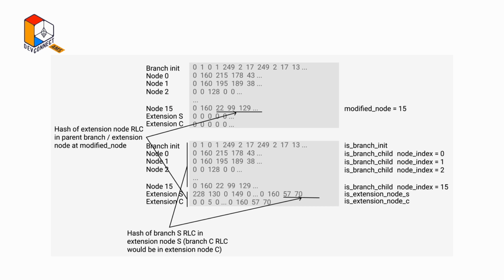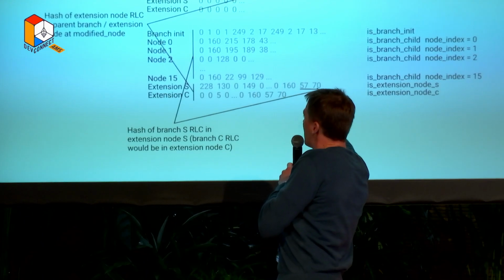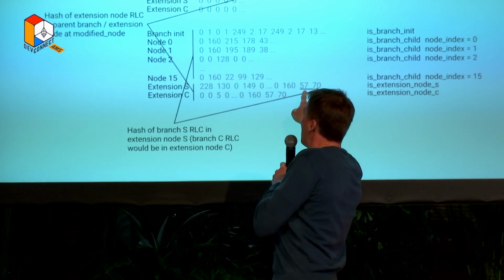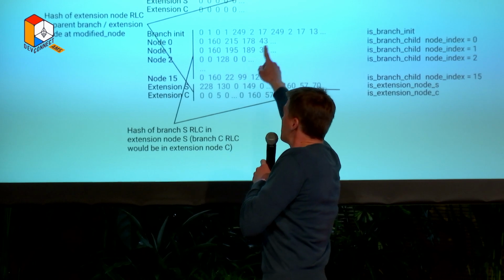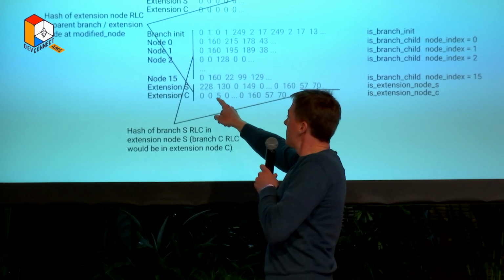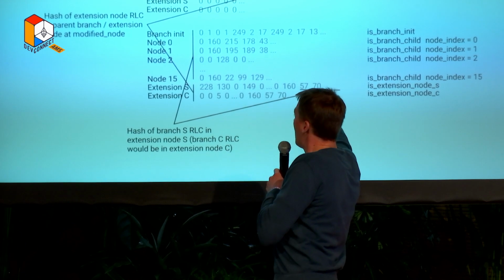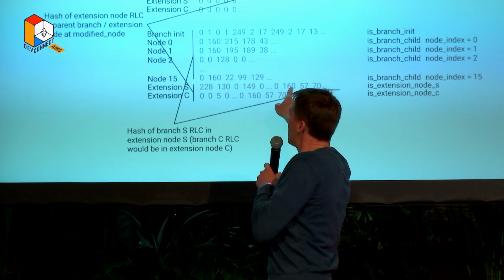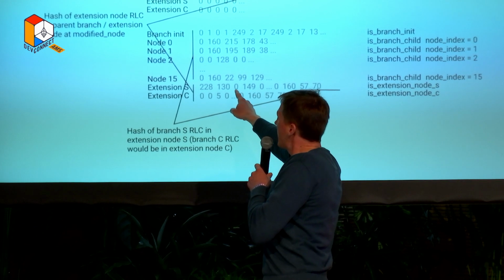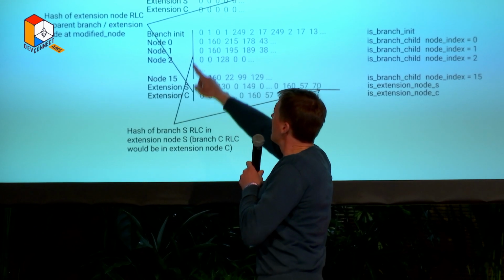And then the hash of this branch is stored here. So there are constraints to check that the hash of this branch is stored here. And then we compute the RLC, the random linear combination of this extension node, and then this is checked. The hash of this needs to be in the branch above.